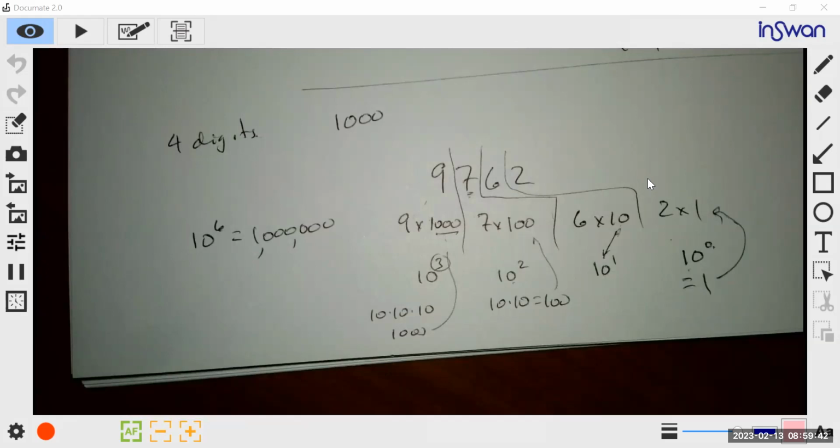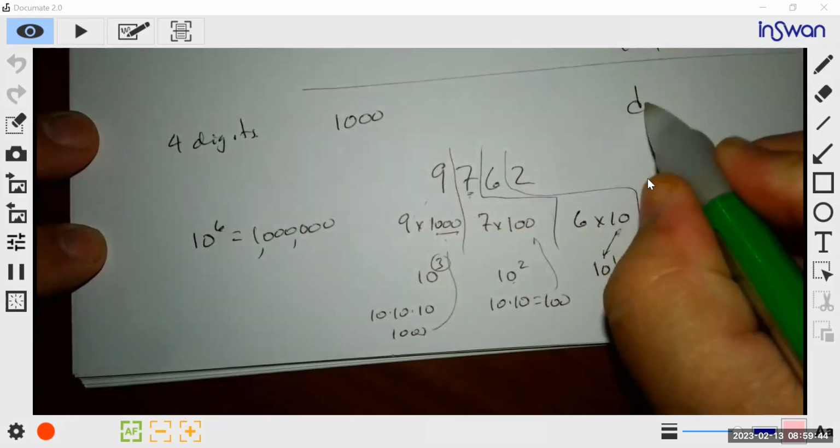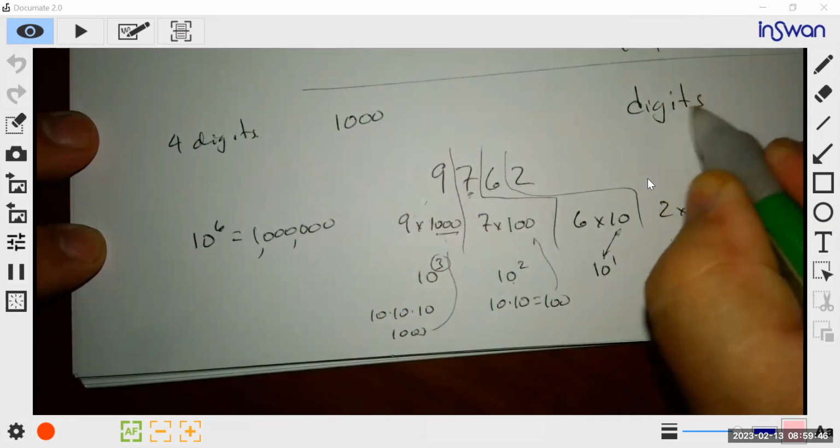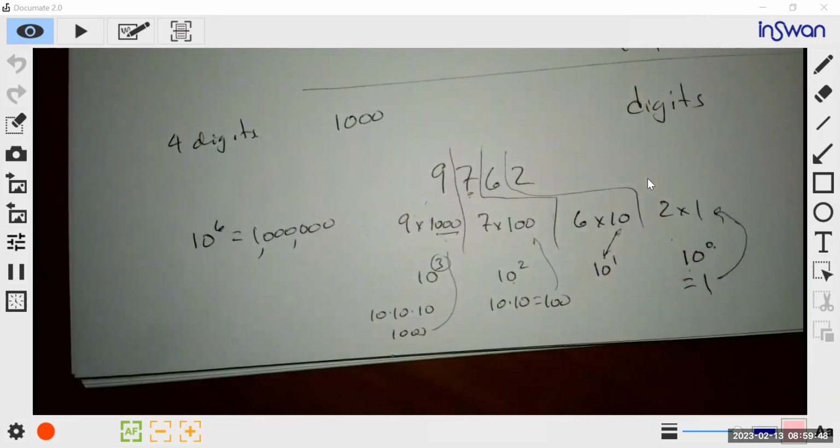Again, it's all based. There's a reason numbers are called digits. Why are they called digits? What are these called in your hands? These are called digits. Fingers are called digits. That's the reason. So when we first counted, we counted with our fingers.